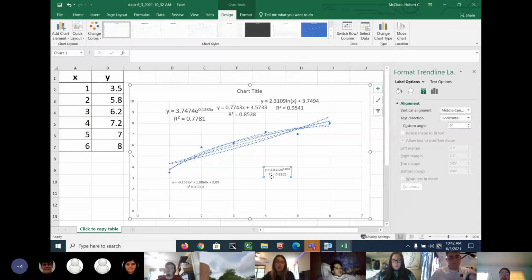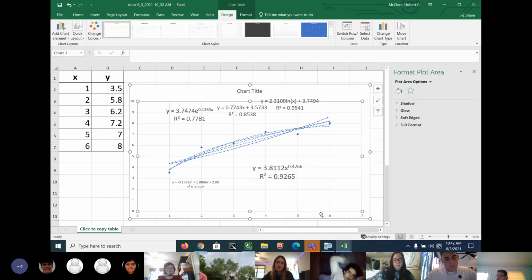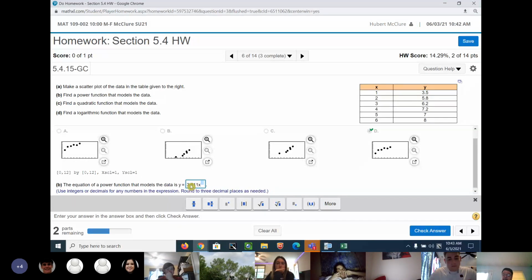There's the power: 3.8112x, 0.4266. Now that's by the power, so go back to your question. It says round to 3 decimal places, so y equals 3.811 x, shift up, 0.427.